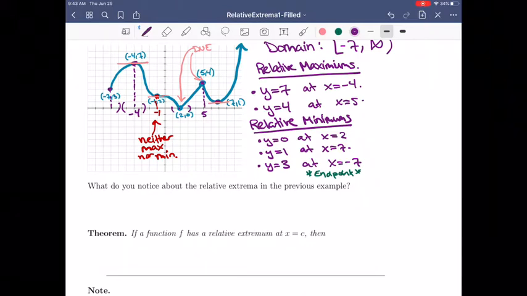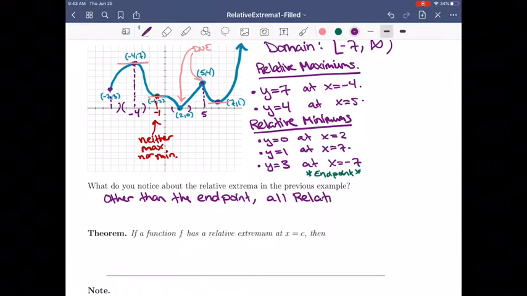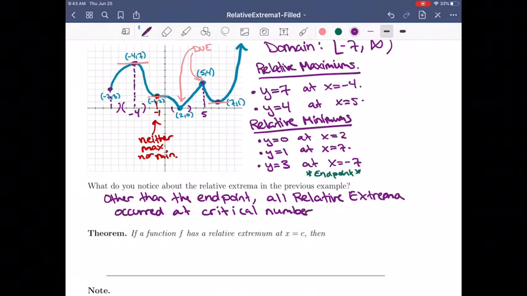Other than the endpoint, all the relative extrema occurred at critical numbers in the graph. This actually always happens.